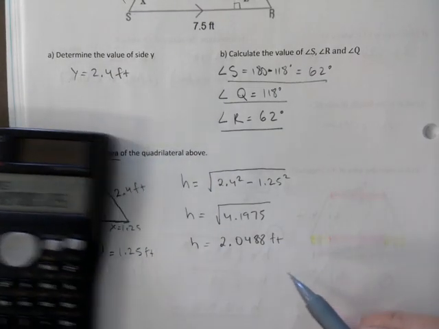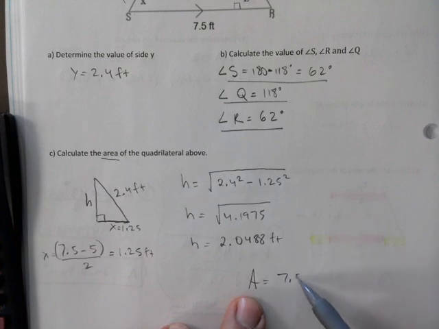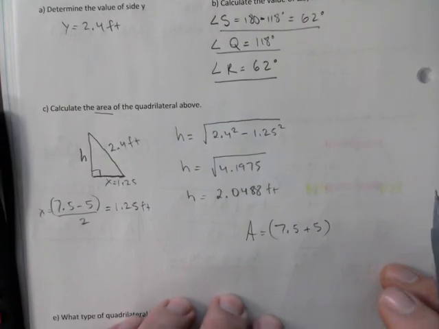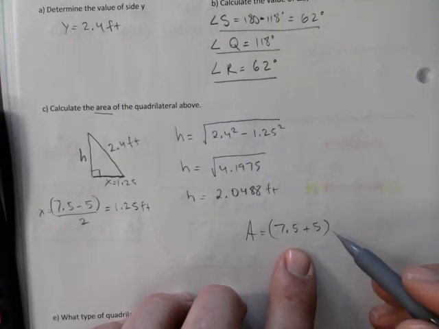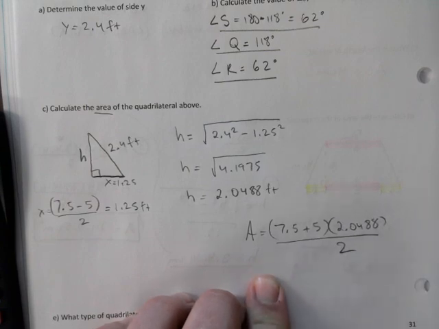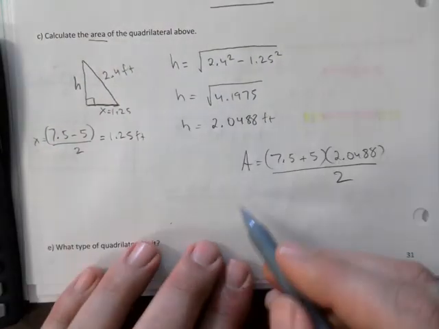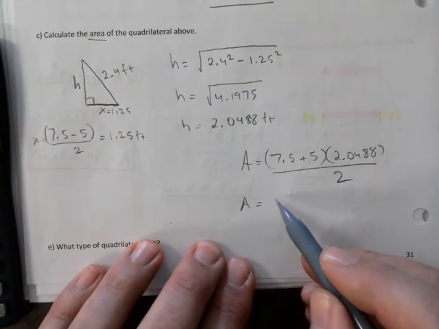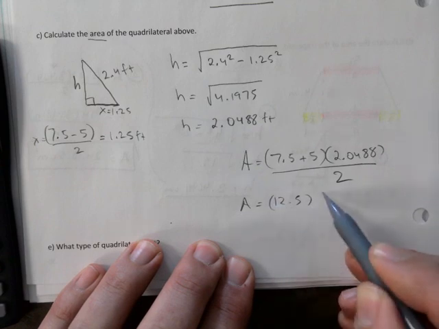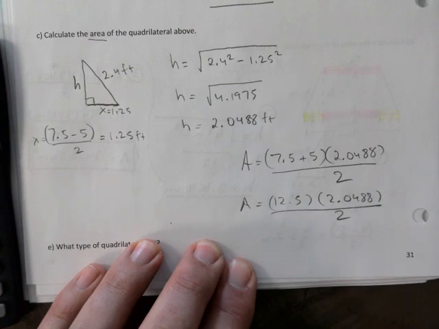And now you figure out the area. Area is 7.5 plus 5, the two sides, top and bottom of the trapezoid, times the height, divided by 2. I would strongly suggest you show your work here. This is 12.5 times 2.0488 divided by 2.